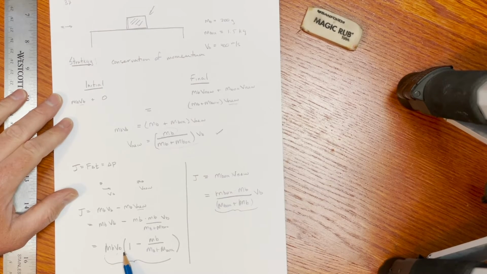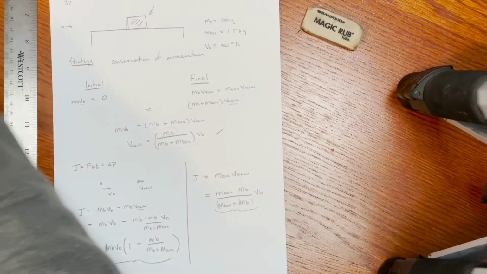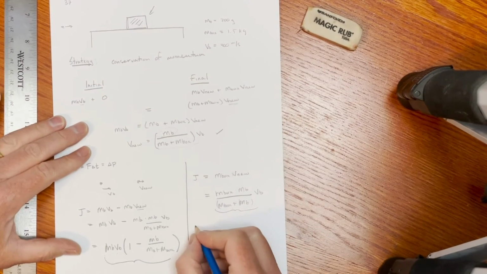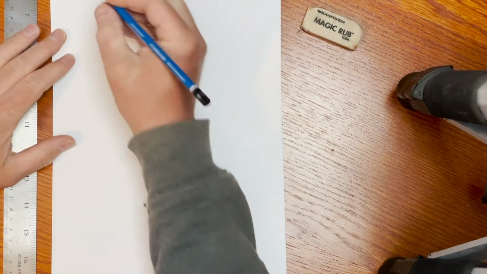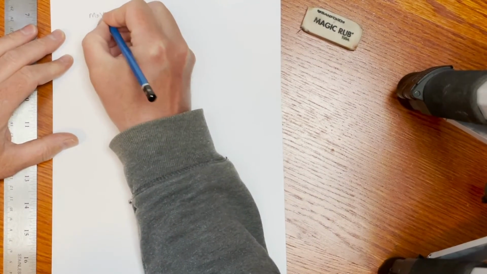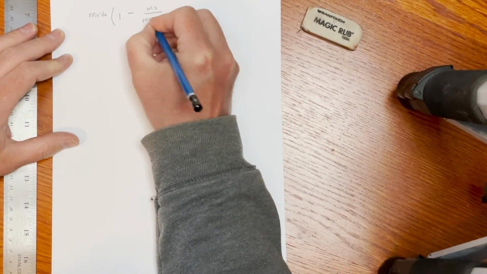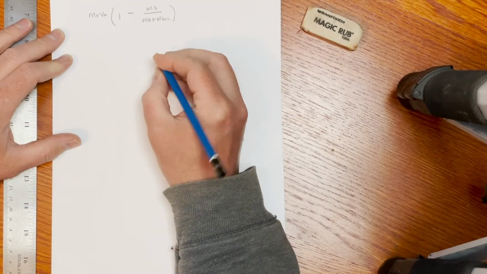Because if I take this one over here and I imagine putting this all under a common denominator, I can make this look like that. So for example, let's just put this on another page. I can take m_b v_b times 1 minus m_b over m_b plus m_box, and I can put that under a common denominator.